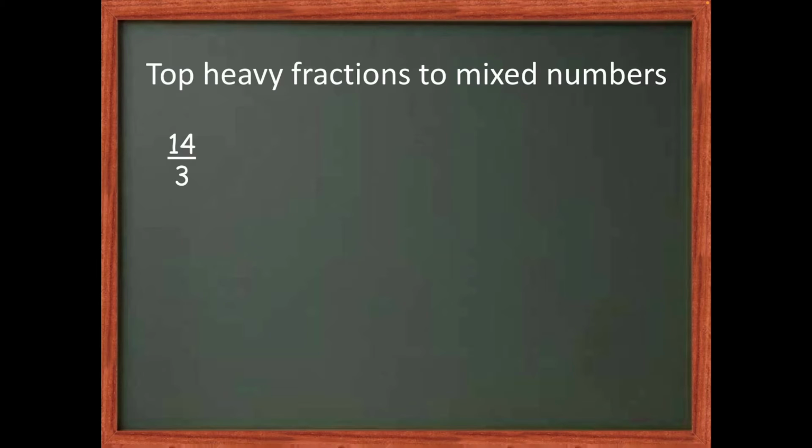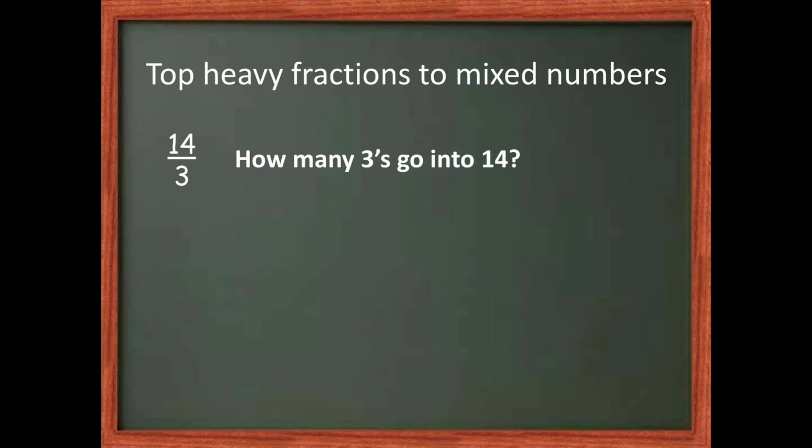We have 14/3. We want to change this to a mixed number. That's a number that has a whole number and a fraction. To do this, we divide 3 into 14.